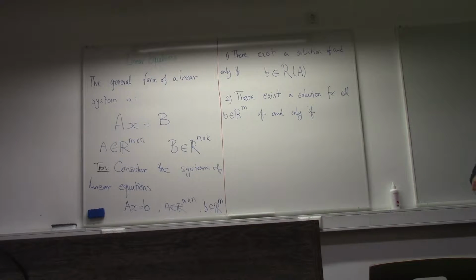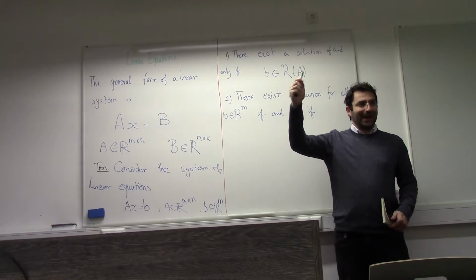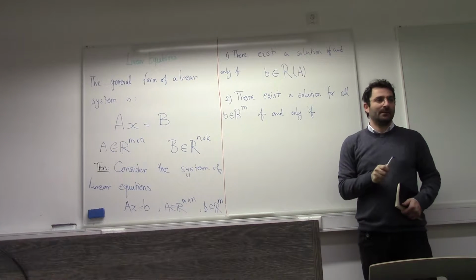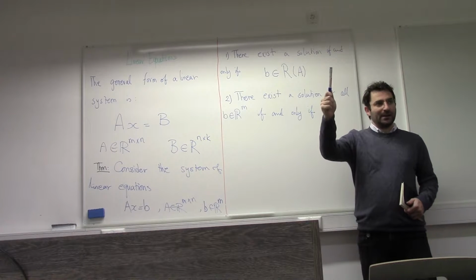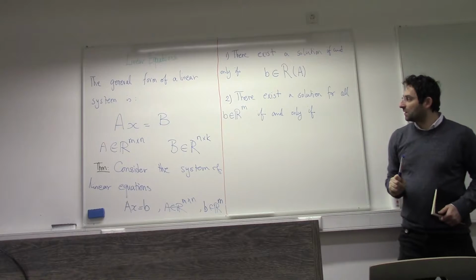Look, what number 1 says is this. If we have a B, and this B belongs to R(A), then we have a solution, right? If we have a B, and it happens that B is in R(A), we have a solution.